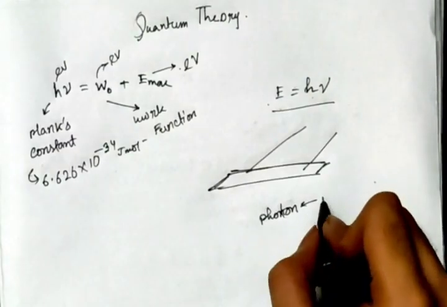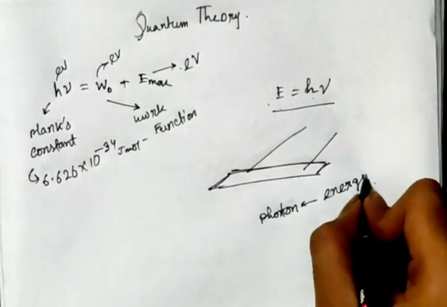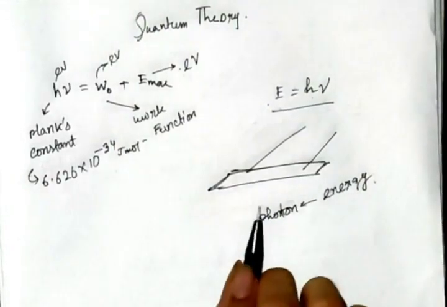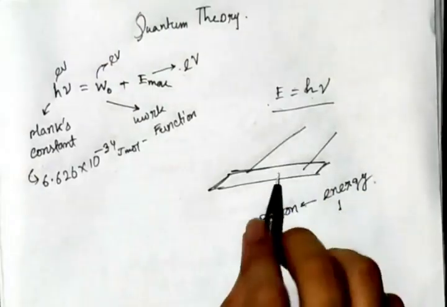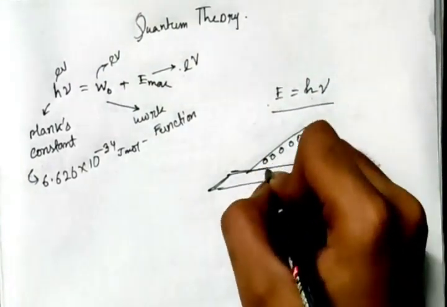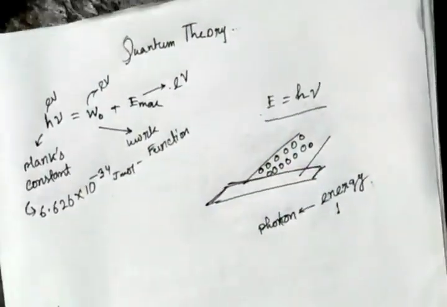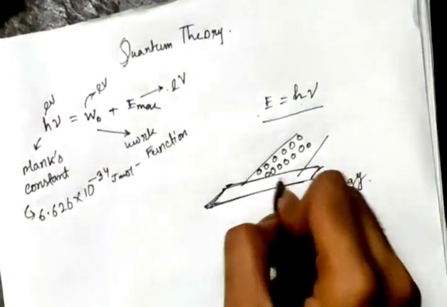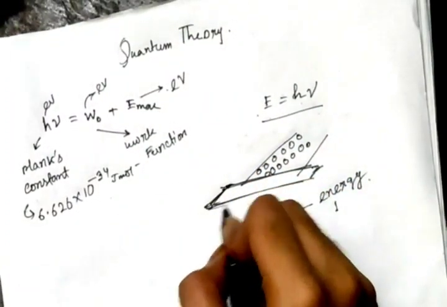That means the energy of light is carried by photons. A photon is the packet of energy that is carried by light. Now for this light, the metal emits electrons.